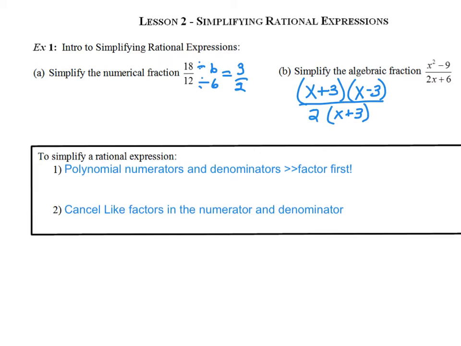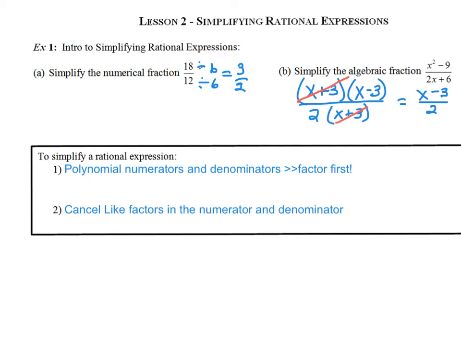So just like our previous example, when I see a like factor in the numerator and the denominator, I can cancel off the factor of x plus 3 from both. So that's leaving me with an equivalent fraction of x minus 3 over 2.